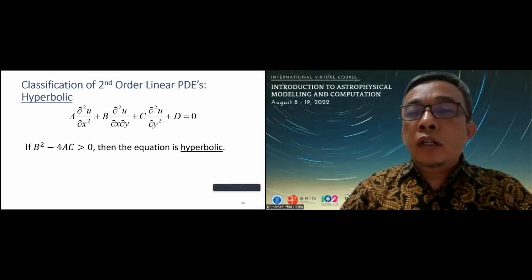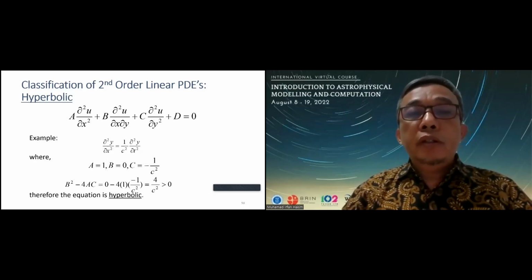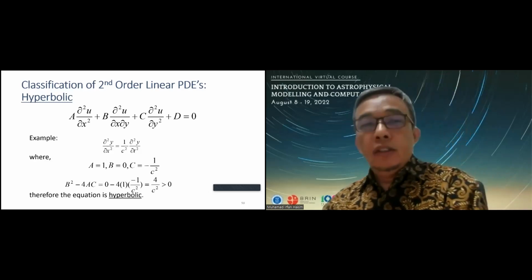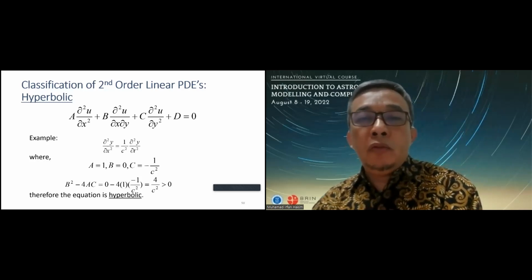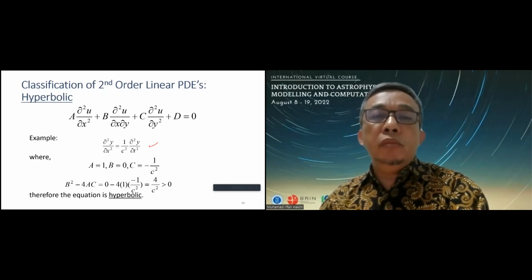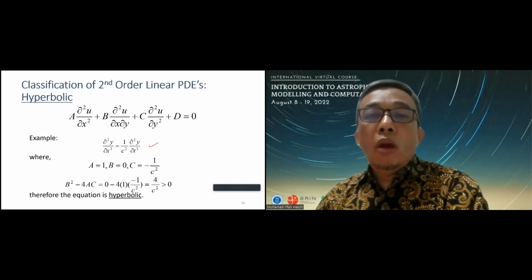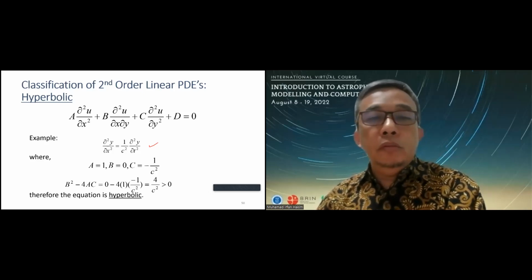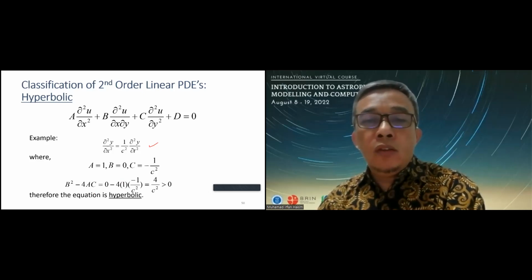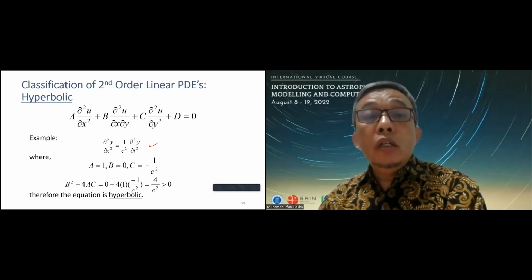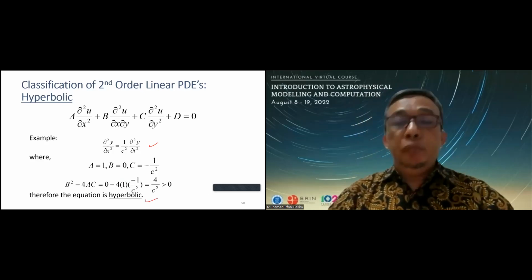The third is hyperbolic. You may be very familiar with this equation related to wave solutions. This value, b squared minus 4ac, is greater than 0. So this equation is a hyperbolic PDE.